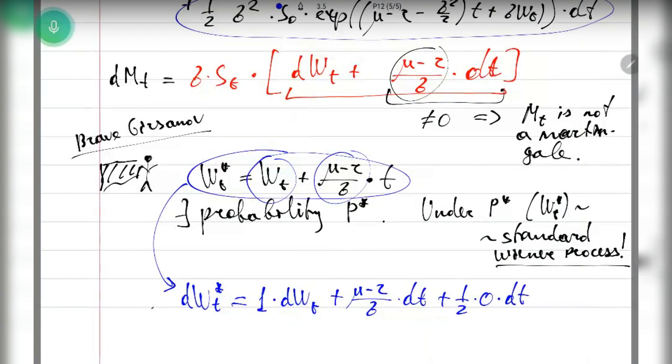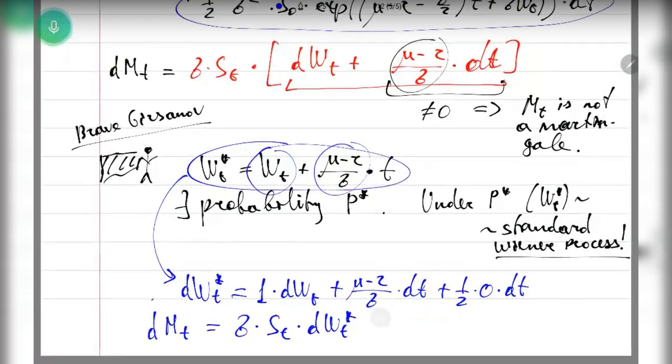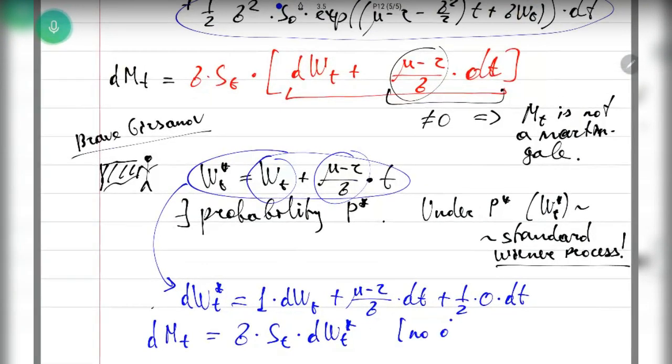Hence, I see that dMt can be replaced by sigma times St times dWt star. And hence there is no dt term, and hence Mt is a martingale under probability measure P star.